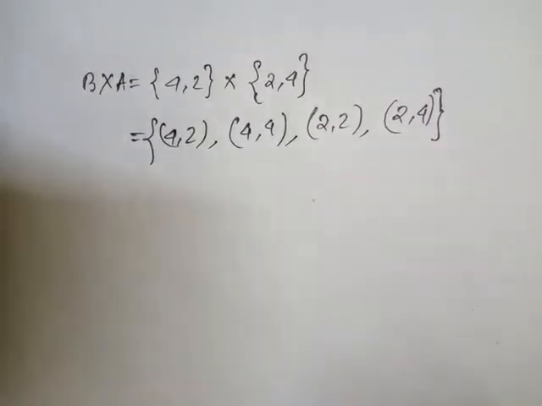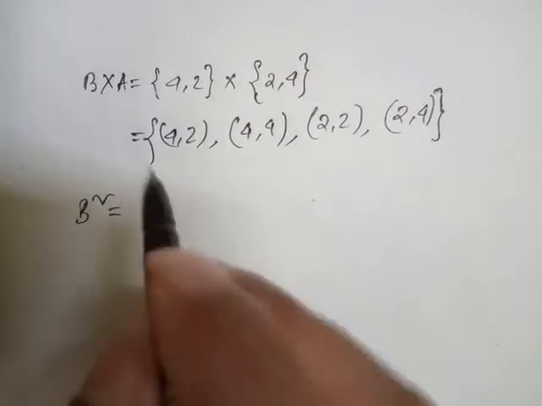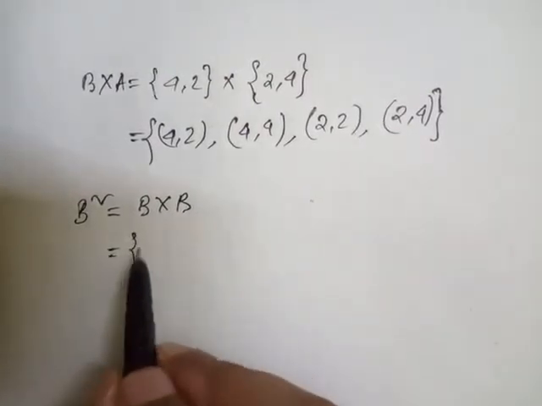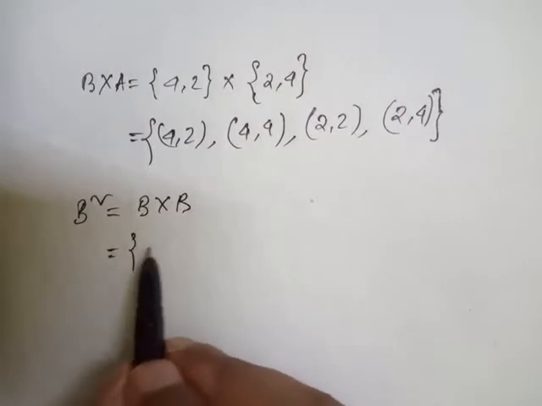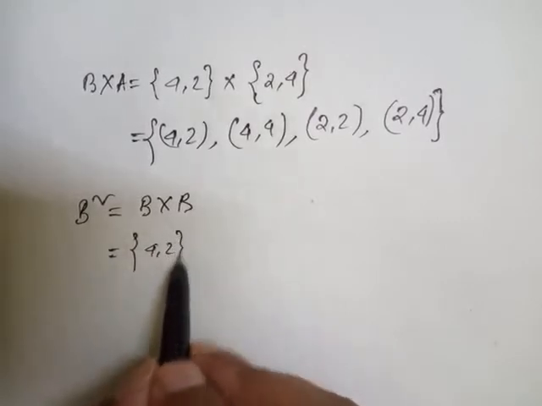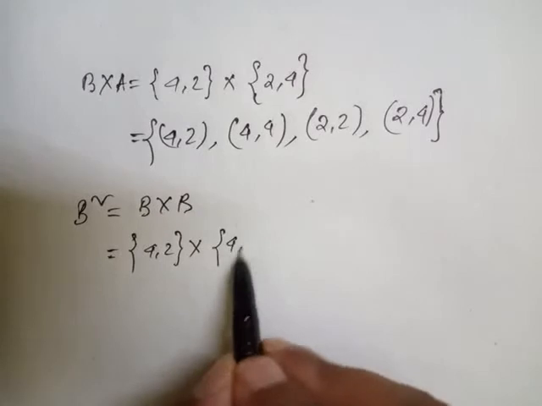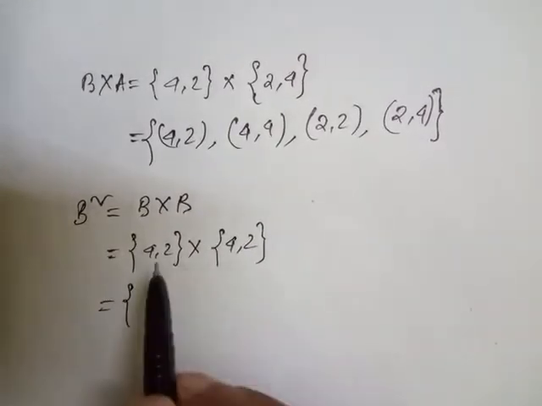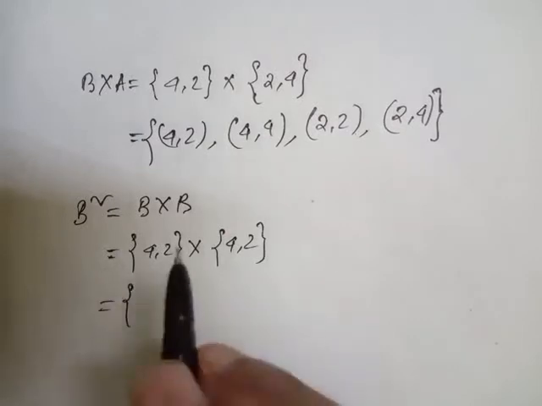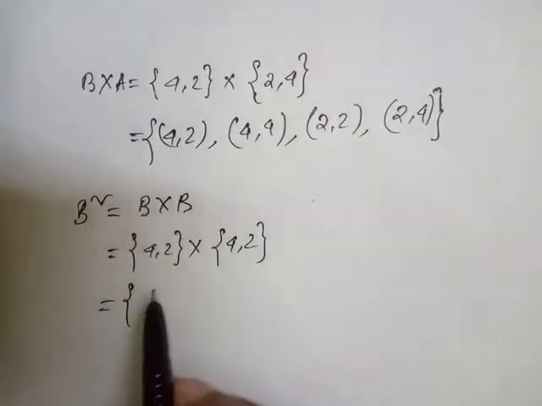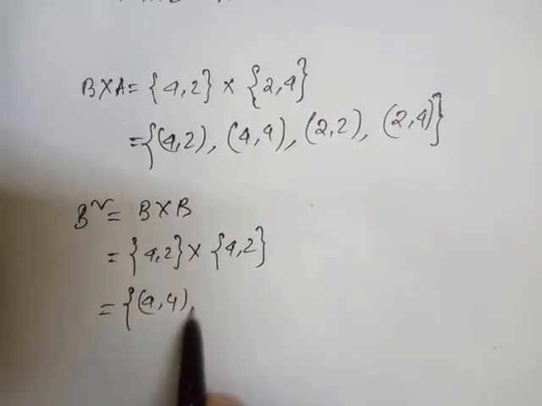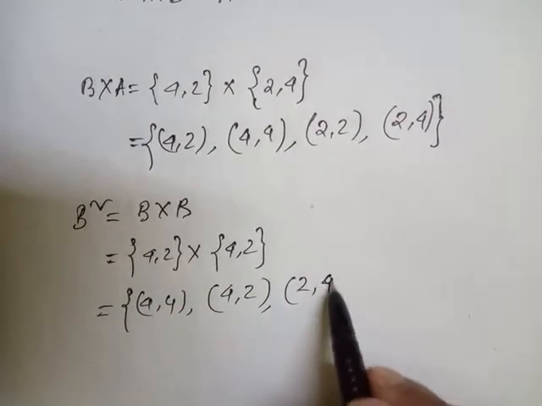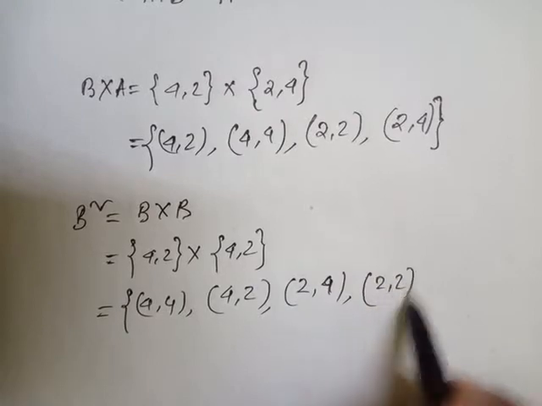Now if you want to find B square, that means B into B. So again we write the elements of B, 4, 2, and again the elements of B, 4, 2. Then multiplying the elements of B and B, we get (4, 4) in the first, (4, 2) second, (2, 4) third, and (2, 2) the fourth.